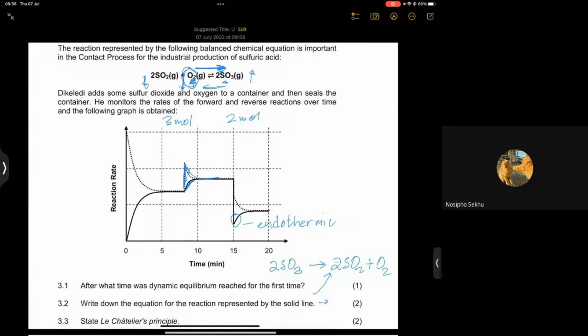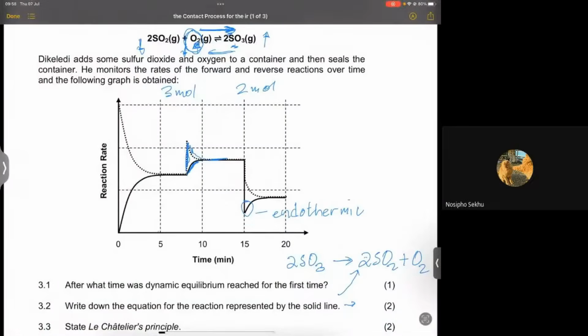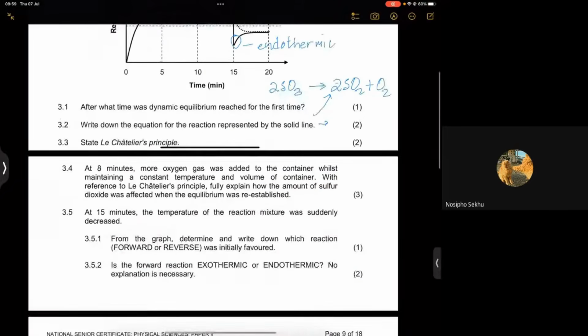Once we decrease pressure, we favor the side with more moles of gas. So a decrease in pressure will favor the reverse reaction, and that is what explains what happened there. I'm just rushing through this because of time.